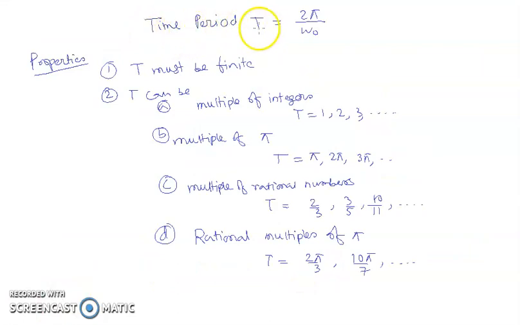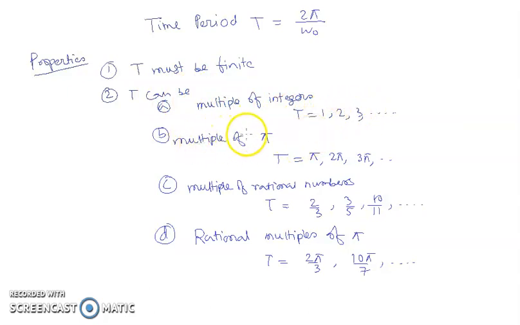The time period T is given as 2π/ω₀, where ω₀ is the angular frequency of a sinusoidal signal, also written as ω₀ = 2πf₀. The properties of the time period T: it must be finite, and T can be an integer multiple, like 1, 2, 3 or any integer value.